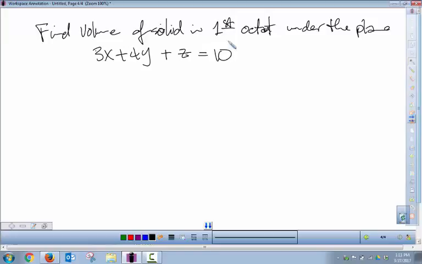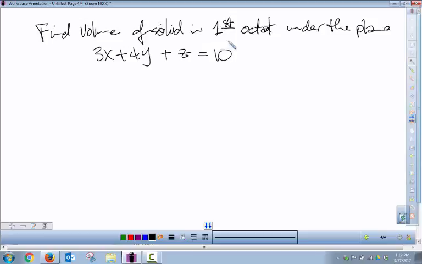So the first octant, what's the first octant? The first of the 8 spaces, right? So what do they designate it as the first? What are the attributes of the things in the first octant? X and Y and Z values.